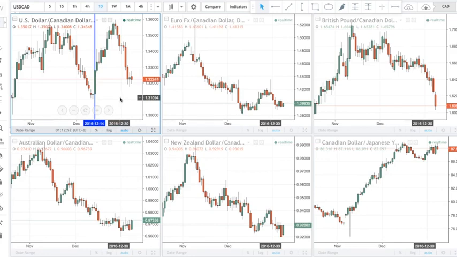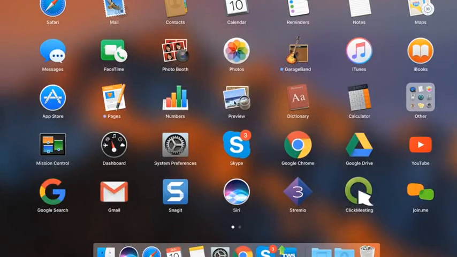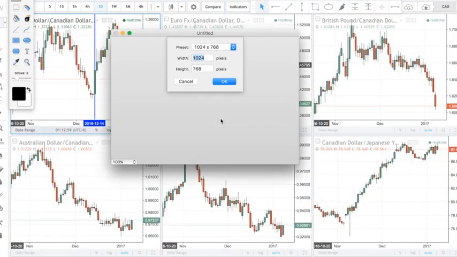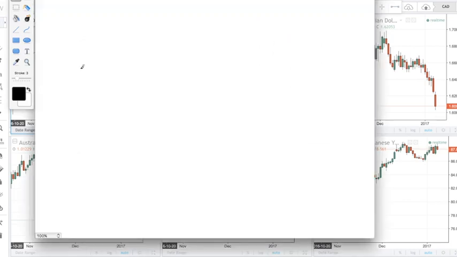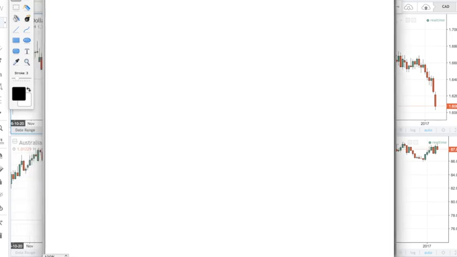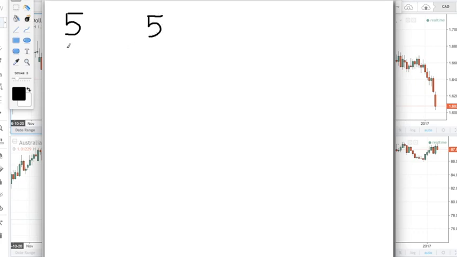Now, if CAD and New Zealand are at strength, let's bring out the whiteboard here because I want to show you guys this thing in pure logic. Okay, so I have a habit of saying I'm going to draw a circle. If you can see it, say yes. Okay, so if CAD is at +5 and New Zealand's at +5, what do you think the chart's going to look like?